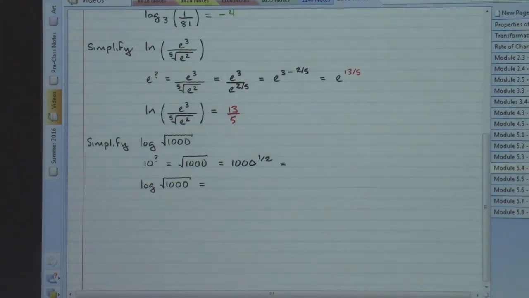1,000, though, is rather nice that we can drop that back to a 10 with a power of 3, and as we had mentioned earlier, we multiply those powers together, and we would get a power of 3 over 2. So the log of the square root of 1,000 is 3 over 2.